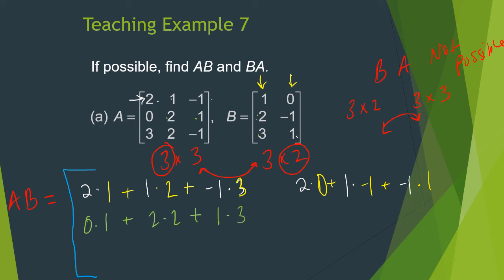That's the first element in row 2. I have another element to find. So we have 0 times 0 plus 2 times negative 1 plus 1 times 1.